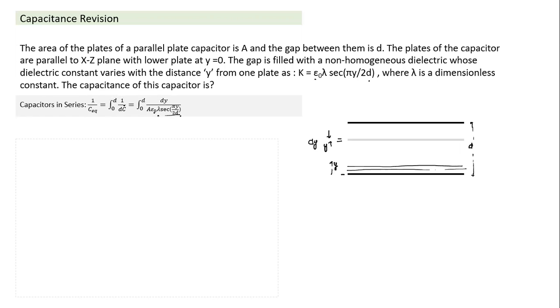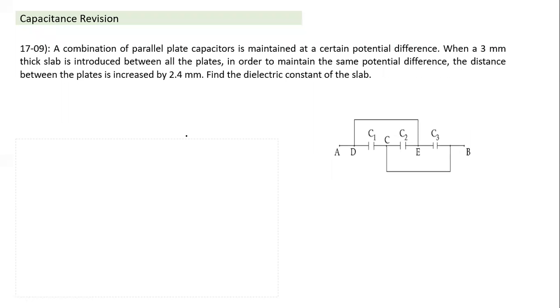If I add up all the 1 by dC, all the inverse values of capacitance, by integration from 0 to d, it is a very simple integration that you can easily obtain.